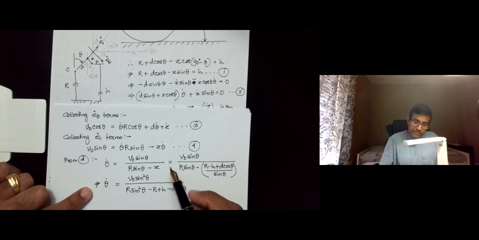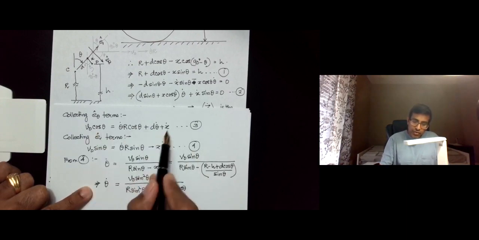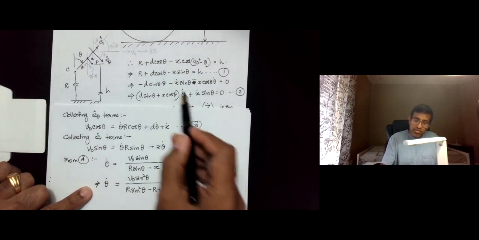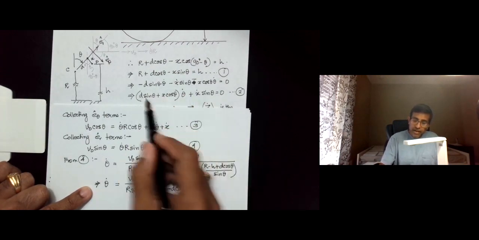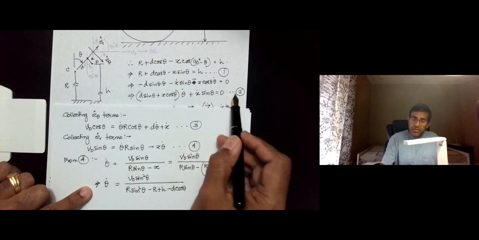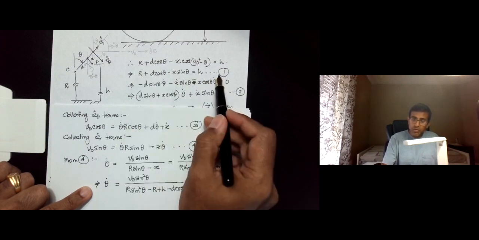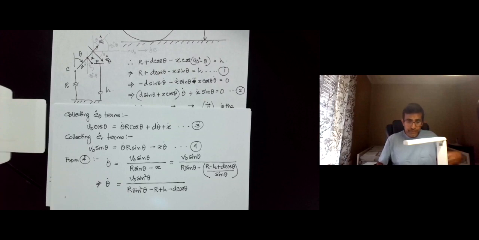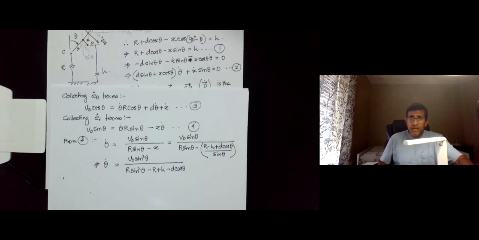And now you can find x dot either using equation 3, because you can substitute for theta dot here and solve for x dot, or you can substitute theta dot over here and solve for x dot. Remember, equation 2 is just the derivative of equation 1, so both of them are valid. So I can now say that from 2, just move this up a little bit.